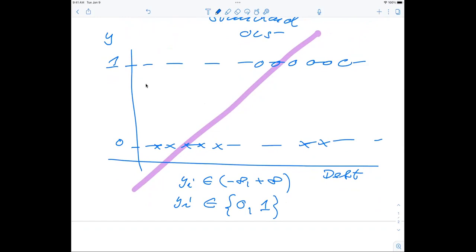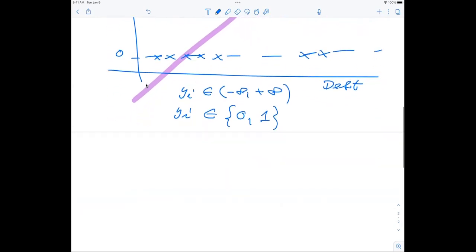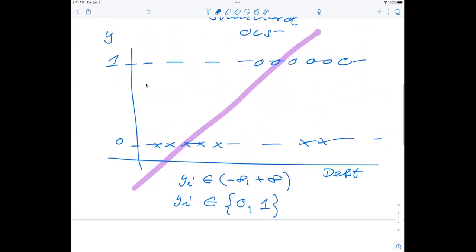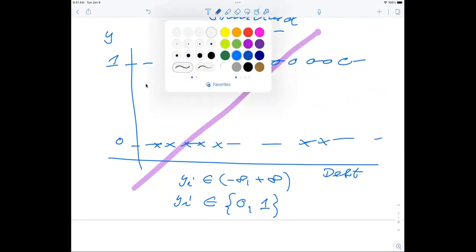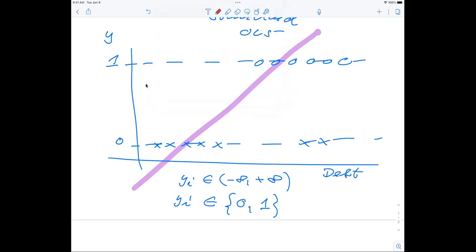So this is actually what we would like to have. And one thing we could do now, instead of fitting a straight line, we could try to fit a more complex function. But what could be done now is to replace this straight line with something which looks more like this. So you could now think of something which we fit, which looks more like this S-shaped function.